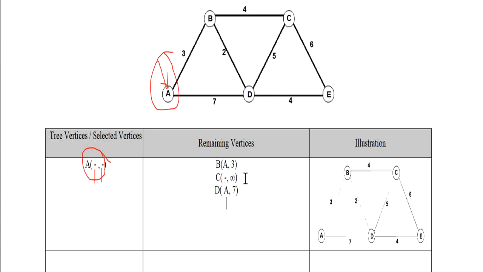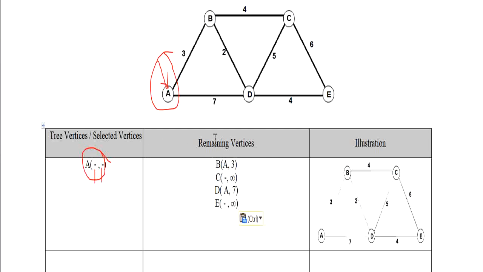Can I visit vertex E directly from A? No, I cannot. So vertex E is represented as dash comma infinity. So the first step is completed, where I have identified all the remaining vertices as well as the starting vertex.